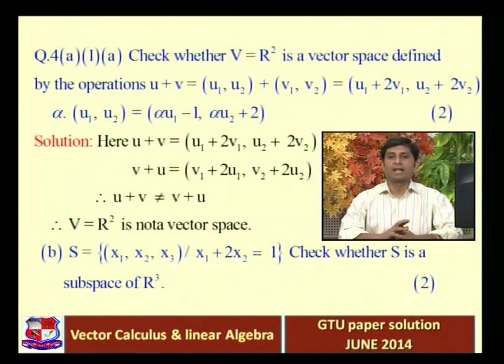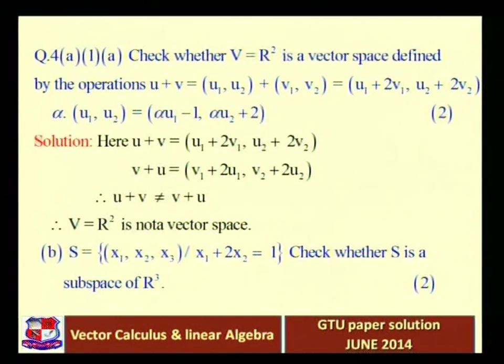Then (alpha beta) u is equal to alpha (beta u), which is equal to beta (alpha u). That is the ninth condition, and the last one is 1 into u is equal to u. So if all these 10 conditions are satisfied, then we can say that our set is a vector space under the given addition and scalar multiplication.